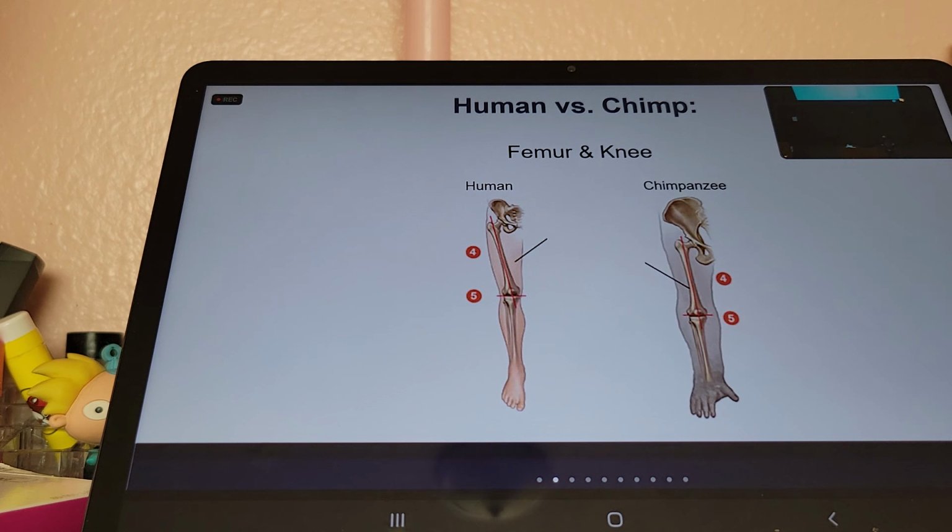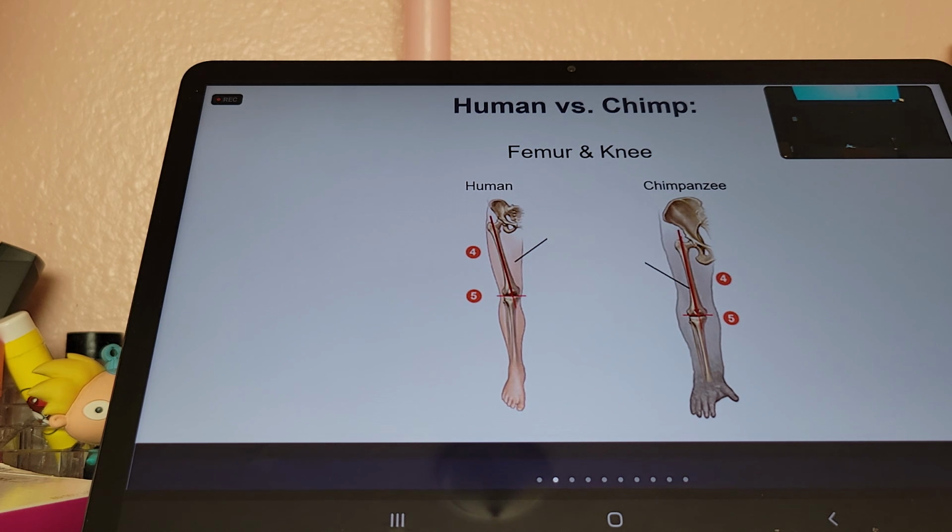Now, differences in the legs. We have differences in the femur. In chimps or gorillas, the femur drops straight down from the pelvis to the knee, whereas in humans, the proximal femur at the hip angles out, the longer neck angles out, and then the shaft of the femur angles medially to the knee.